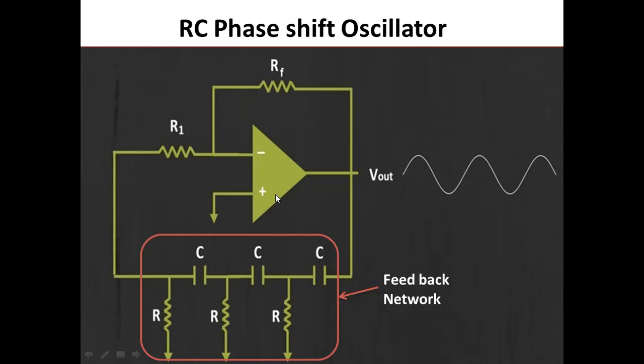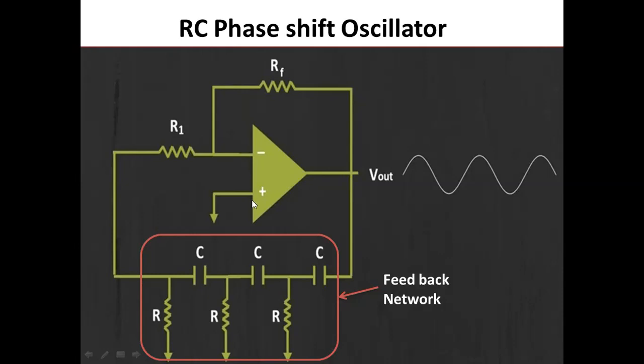As the phase shift introduced by the op-amp is 180 degrees, in order to use the circuit as an oscillator, the circuit also requires satisfying the Barkhausen criteria, and one of the conditions of the Barkhausen criteria is that the total phase shift around the loop is required to be 360 degrees.